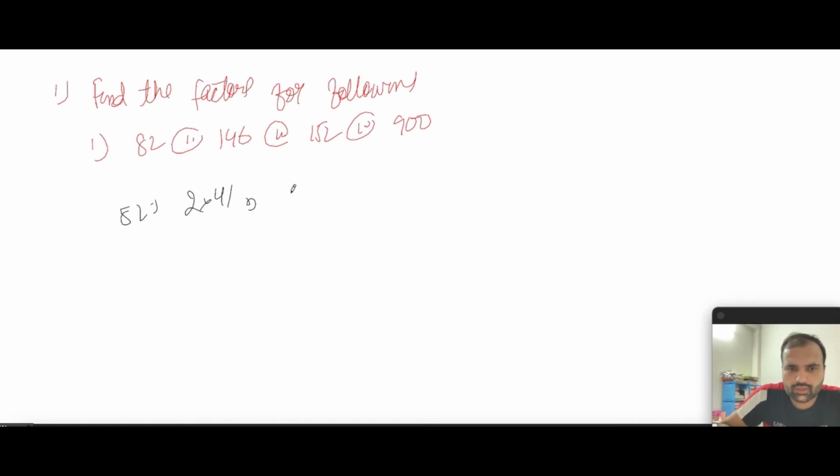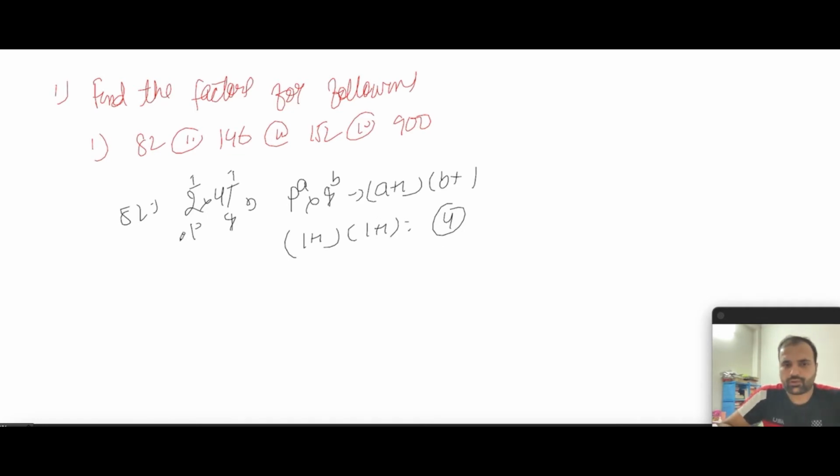So what is the number of factors? Look, 2 has power 1 and 41 has power 1. So we know that if p has power a and q has power b, where p and q both are prime numbers, then the total number of factors would be a plus 1 into b plus 1. So here it would be 1 plus 1 into 1 plus 1, which should be 4, isn't it?